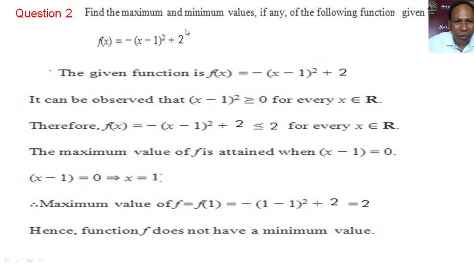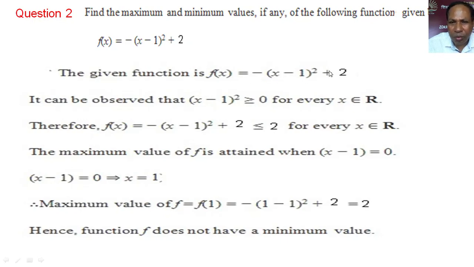Similarly, one more question on algebraic functions. We are given f(x) is equal to minus of (x minus 1)² plus 2. We know this (x minus 1)², since it is a perfect square, is greater than or equal to 0. So minus of this is less than or equal to 0.